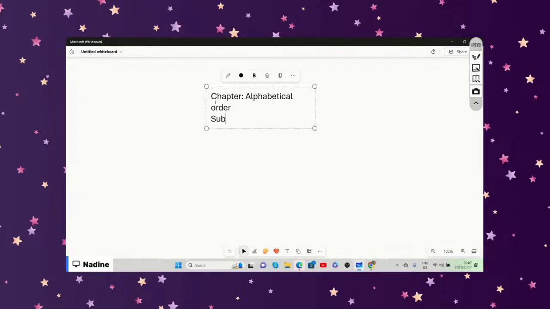Our subject for today is English, and we also say it is language arts. We're doing grade 1, and the lesson is to put the letters in alphabetical order.